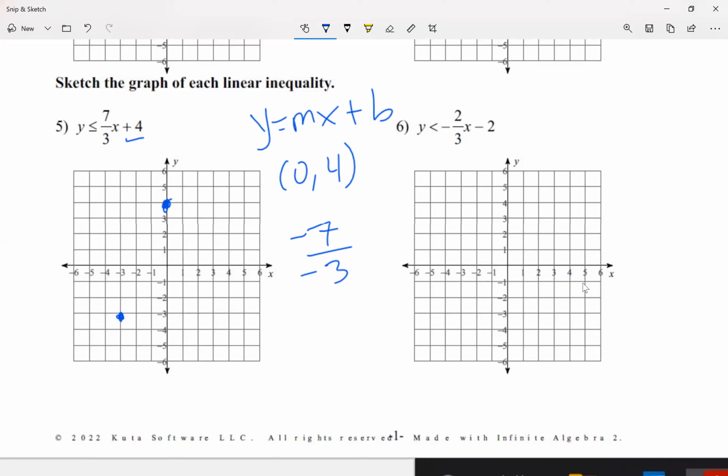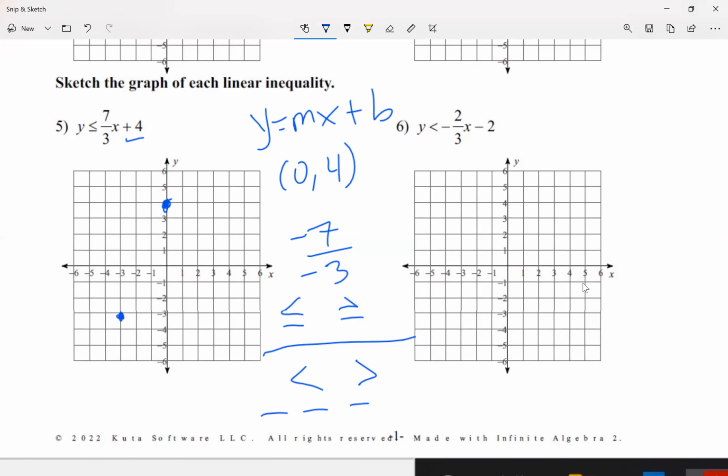Now, one thing: if my inequality sign has the or equal to part at the bottom, so if it's either one of these cases, less than or equal to, greater than or equal to, I'm going to connect my points with a solid line. Now, if it's only less than or greater than without the equal to at the bottom, I'm going to connect this as a dotted line.